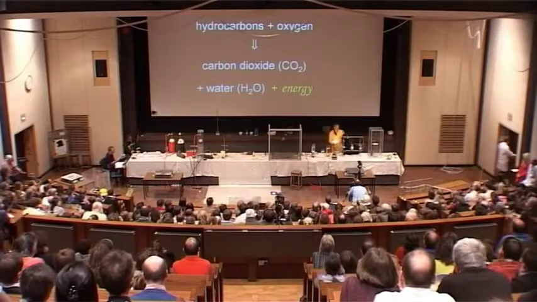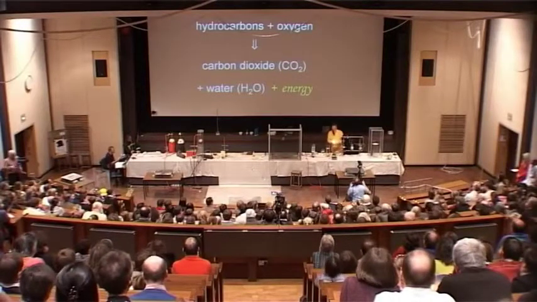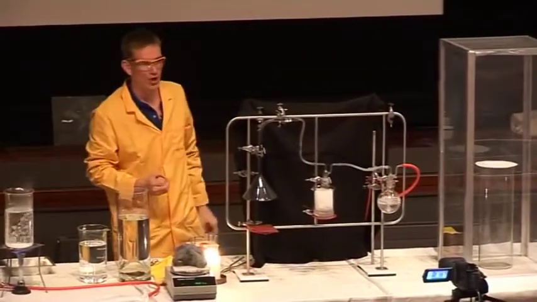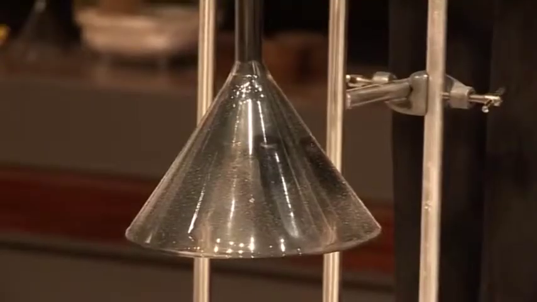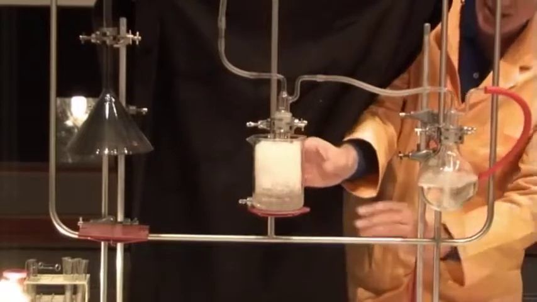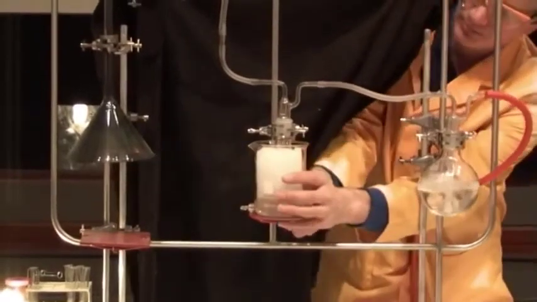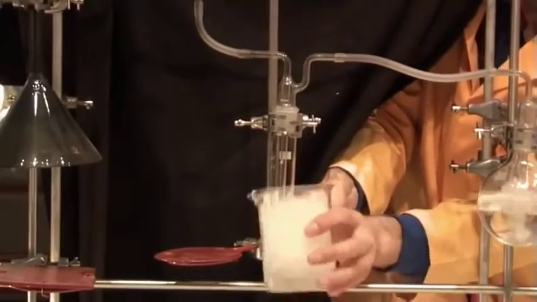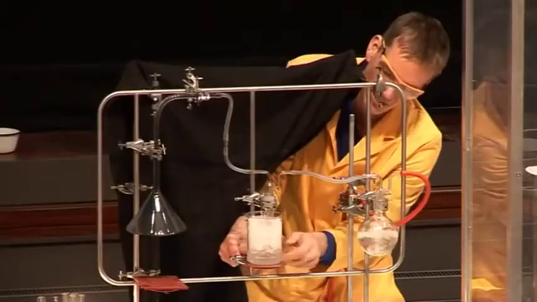Now, we can show this using the apparatus here. What we're going to do in a minute is draw the gases that are being given out as the candles burn through the funnel, and we have a test tube here that's been cooled. This is being cooled down so we can condense any water vapor that might be given out.